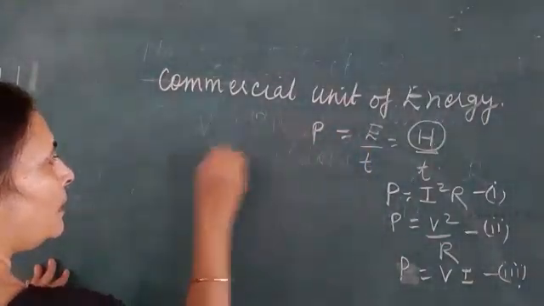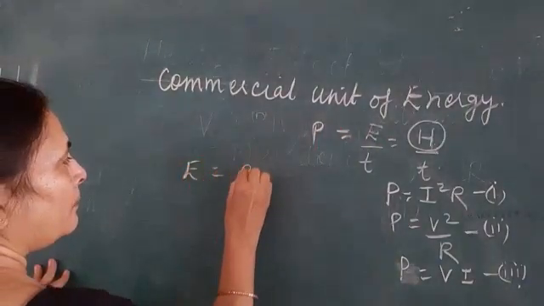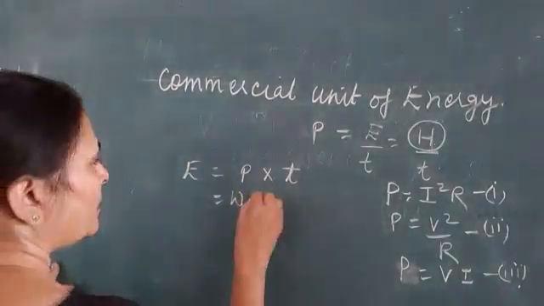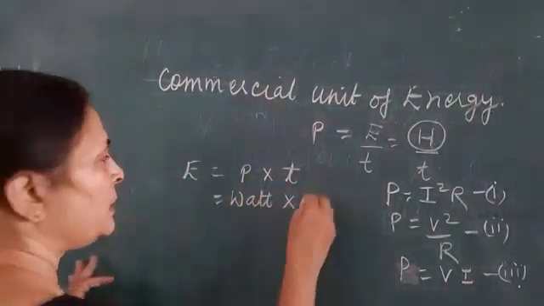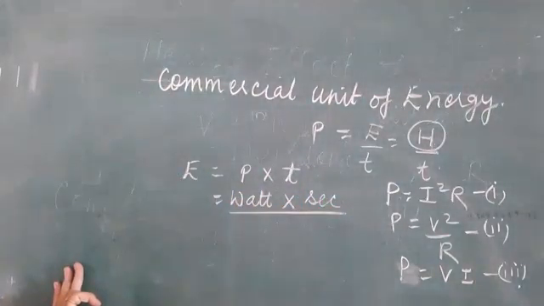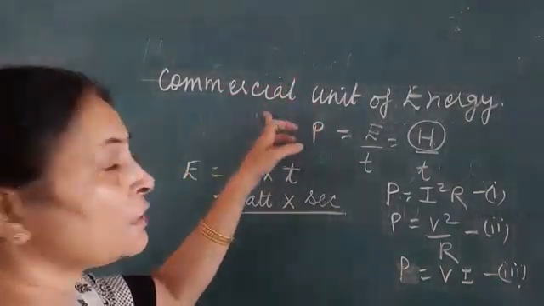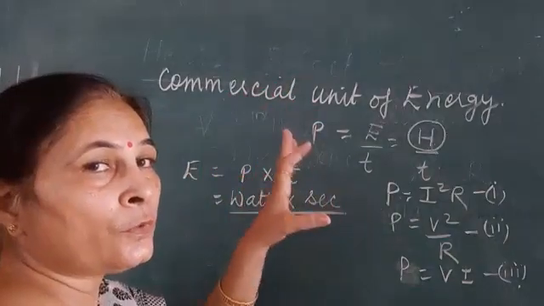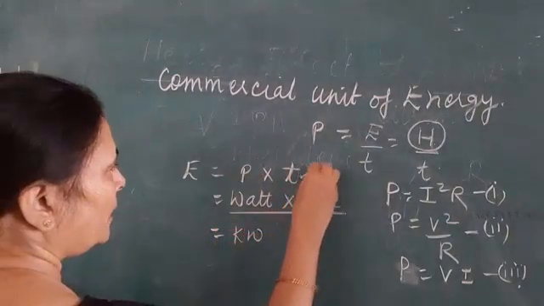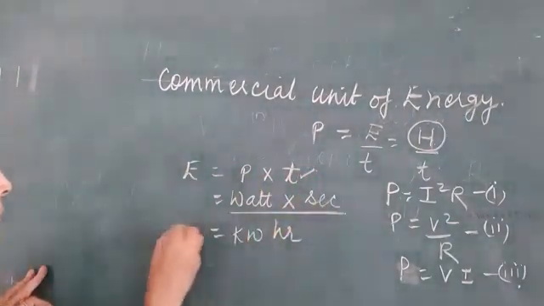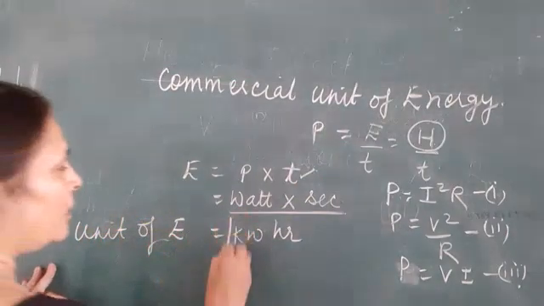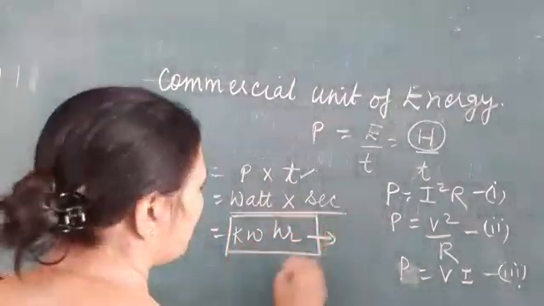See, E here can be written as P into T. P, as I just said, is calculated in watts, T in seconds. So you can write, this is also a unit of energy. But for commercial purposes, we don't use this unit; we use a bigger unit. So for power, we use kilowatt, and time is taken in hours. So the commercial unit of energy is kilowatt hour, which is known as 1 unit.